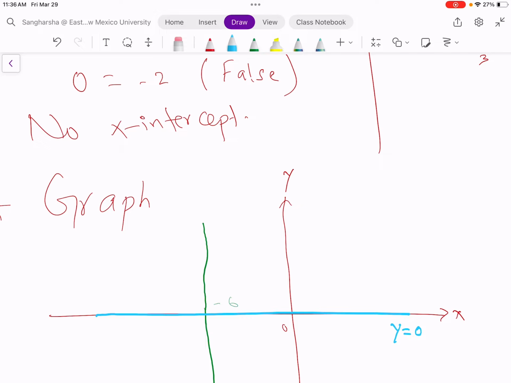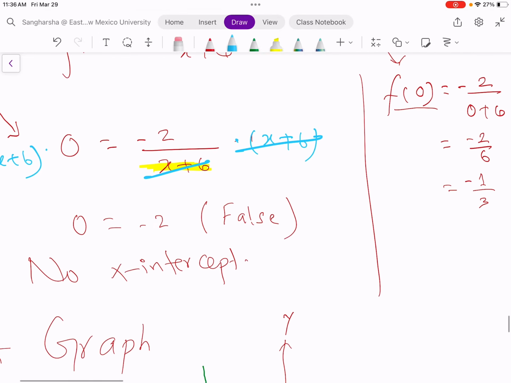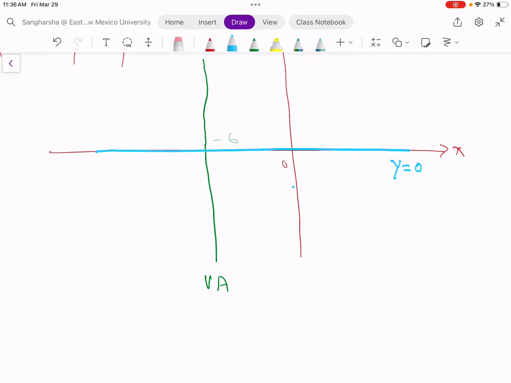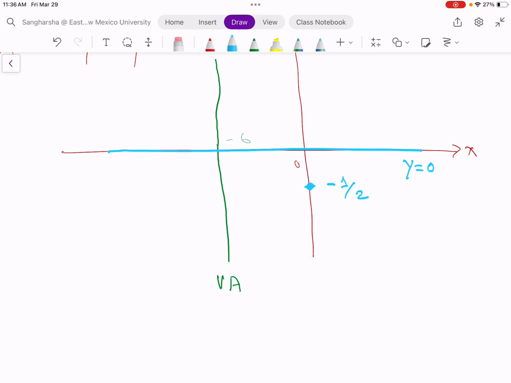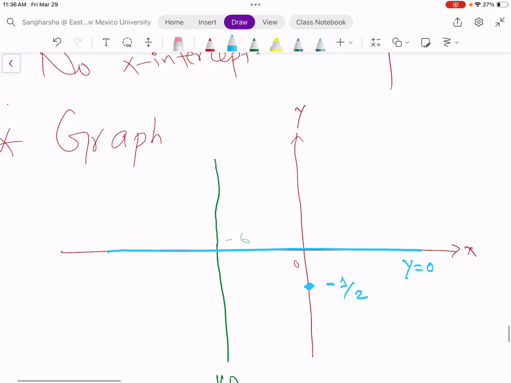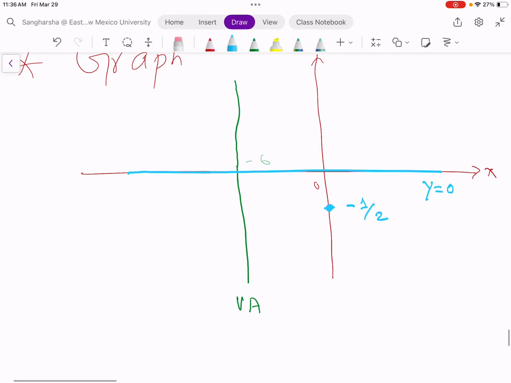We do have the y-intercept. The y-intercept is at -1/3. So let's say this point is -1/3. So the graph crosses this point. Okay, now we have to graph.